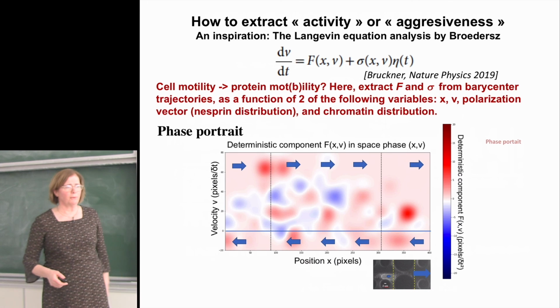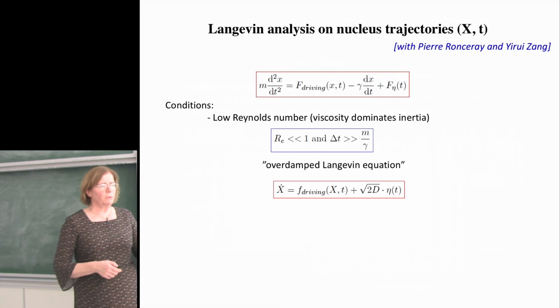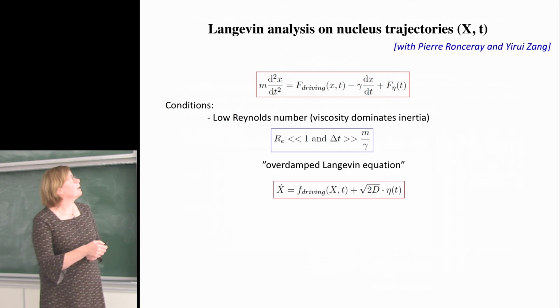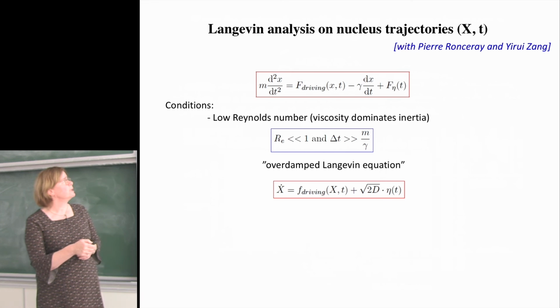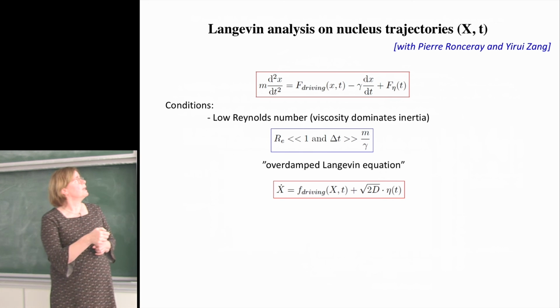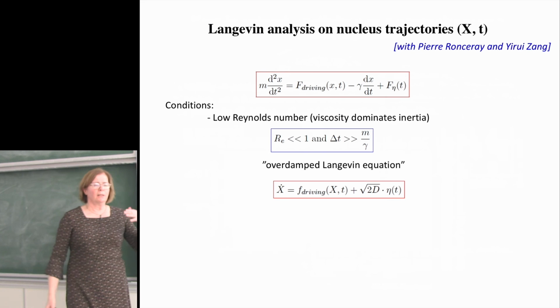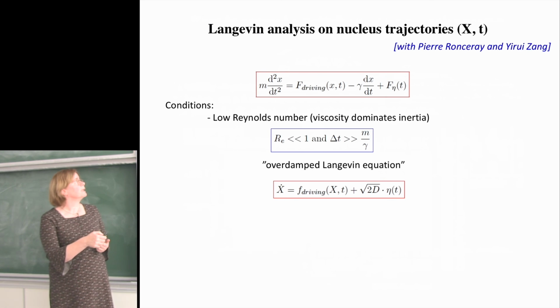This is the face portrait of my talk. What we're doing for the moment is using this Langevin analysis for analyzing the trajectories. This is the mass multiplied by the acceleration equals the driving force that we don't know, minus this friction force that we talked about at the beginning of the talk, plus this random force here.